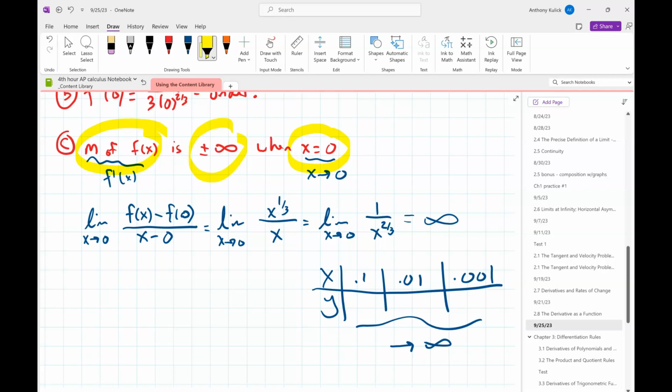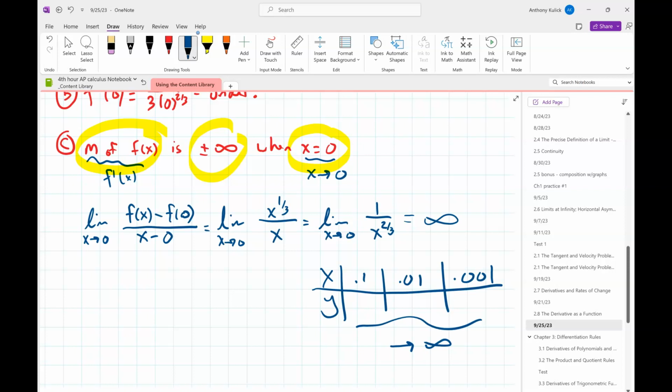Did it just go to x to the 1/3? Why did it just go to... Oh, because f of x is the cube root of x, and f of 0 is 0 to the 1/3, which is just 0. So rather than writing minus 0, I just didn't write it.